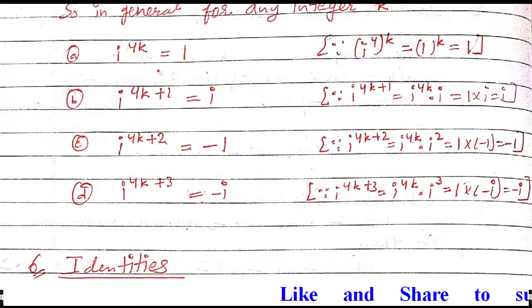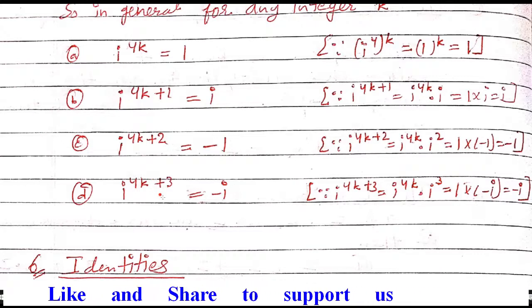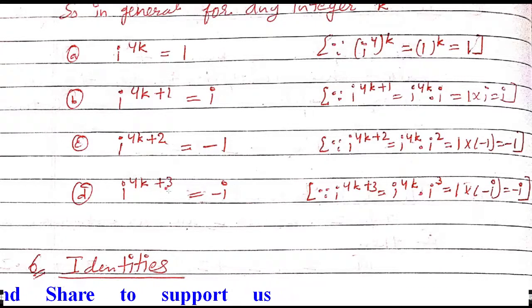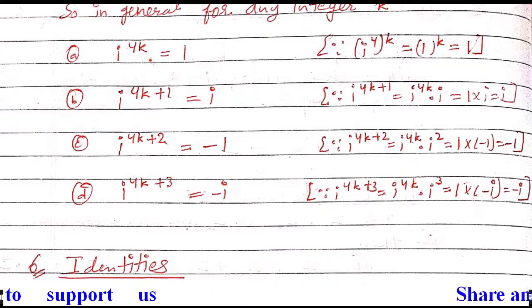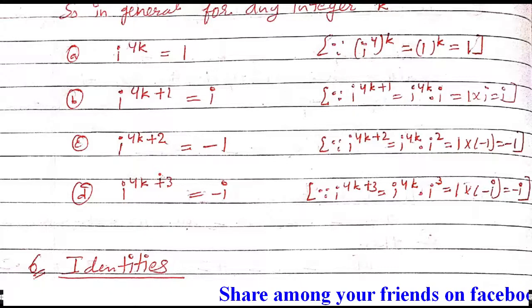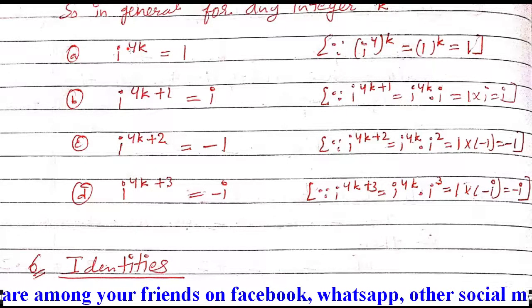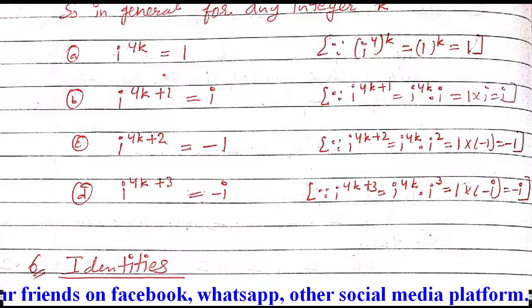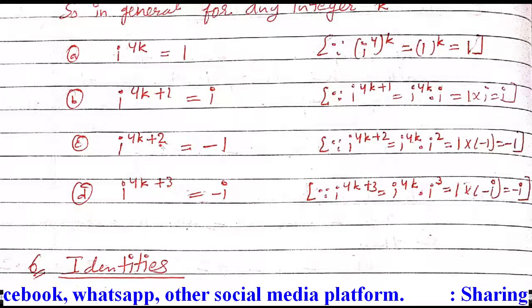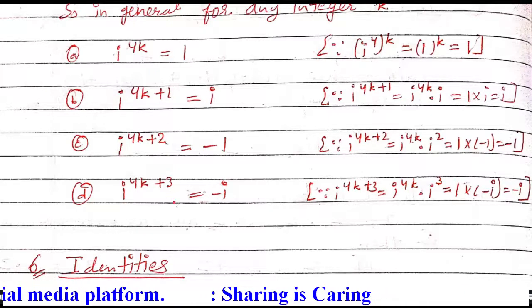These formulas are applicable if the power of iota is 4 or more than 4. In that situation, convert each and every power in the form of these 4. Except these 4, you will not get any option, because you are going to divide the power by 4. If the divisor is 4, then the remainder cannot be more than 4. It's a division rule. It will be clear when we do the exercise.